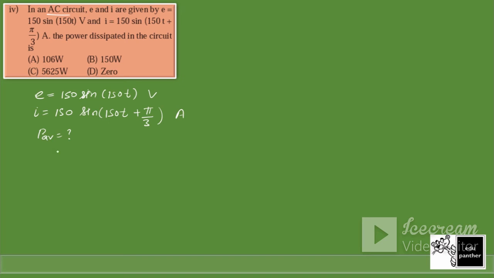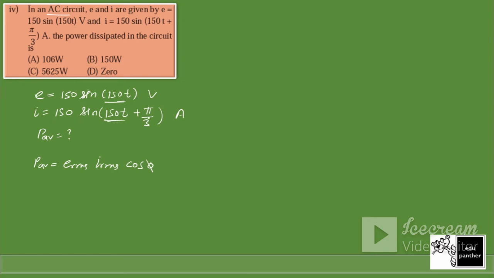Now the formula for this: average power is ERMS IRMS into cos phi. In this, phi is the phase angle. From these equations, this is omega t, that is 150t, and I has pi by 3 as the extra phase angle.